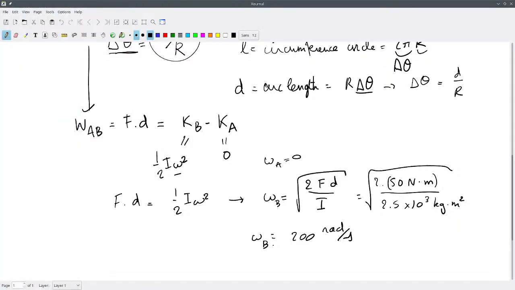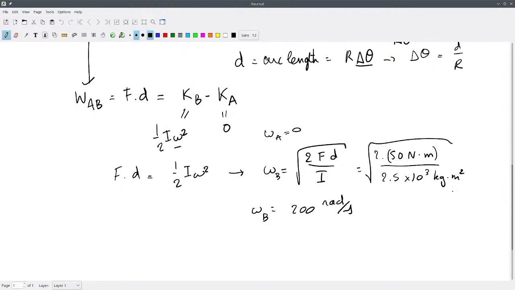So the other thing we introduced last time was power, right? Power P is dW/dt, so it's work done per unit time. So we can apply that here too.